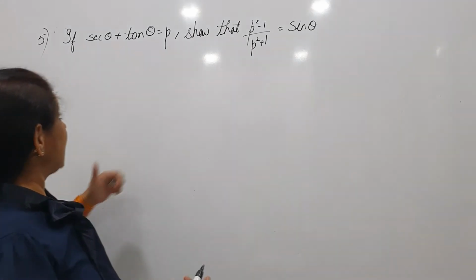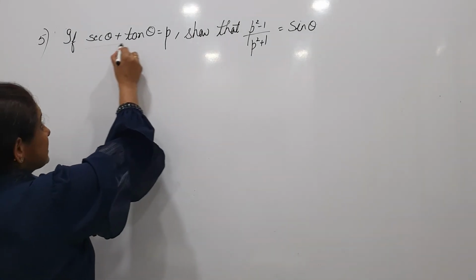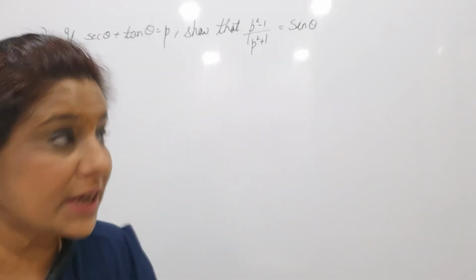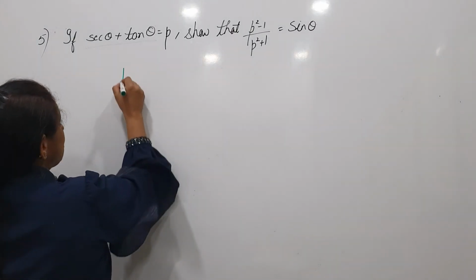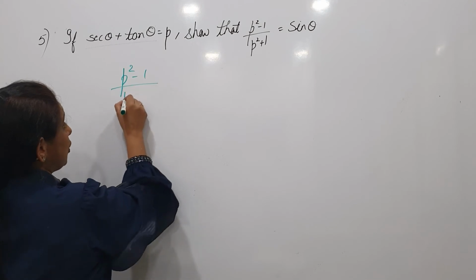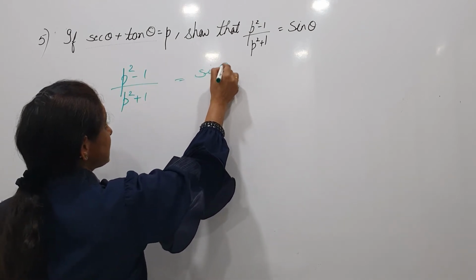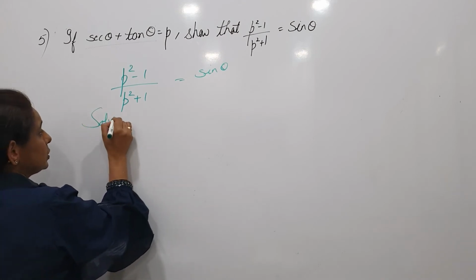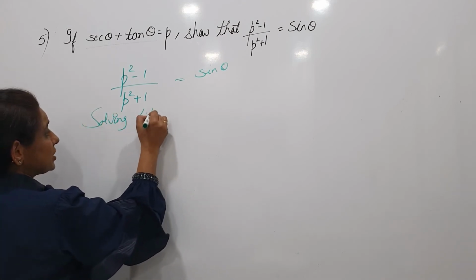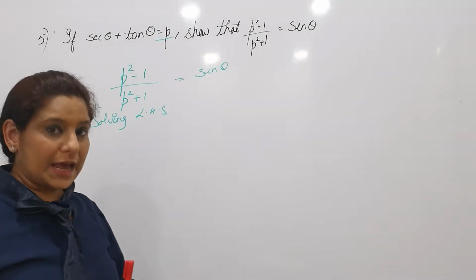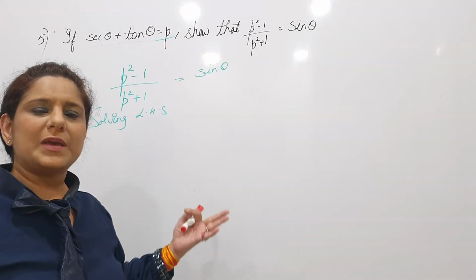सो लेट्स स्टार्ट अगेन. As sec theta plus tan theta is equal to p, our LHS is p square minus 1 upon p square plus 1 and our RHS is sin theta. So we will be solving LHS. So if the value of p is sec theta plus tan theta, what will be the value of p square?